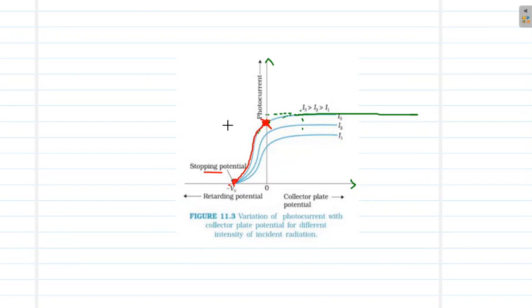Now here three curves are drawn, and the three curves correspond to three different intensities. I1, I2 and I3 are three intensities of light, and as the intensity increases, the photocurrent increases. Higher intensity means higher photocurrent. But frequency does not have any say in the photocurrent.